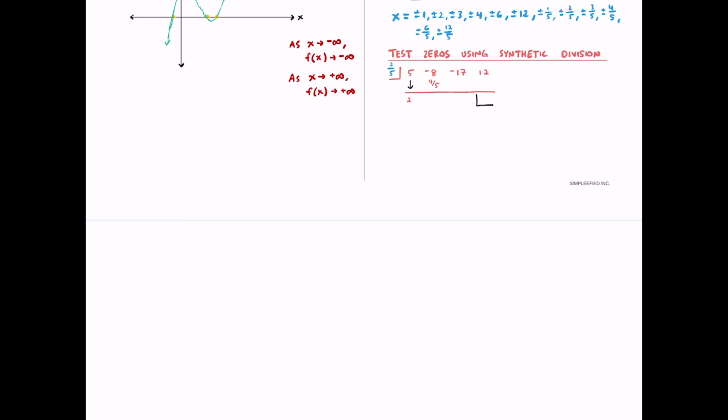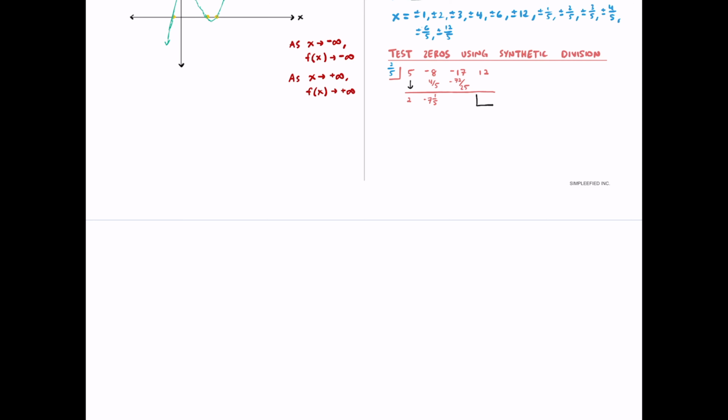This is interesting. This is going to be negative 7 and 1/5, which is the same thing as negative 36/5. Now, negative 36/5 times 2/5 is negative 72 over 25.